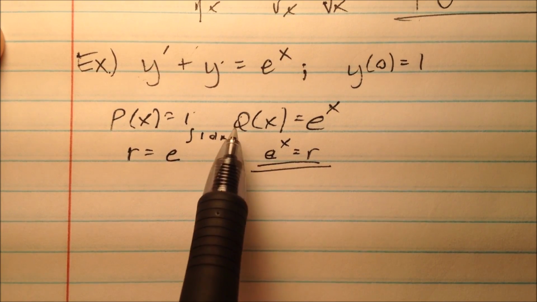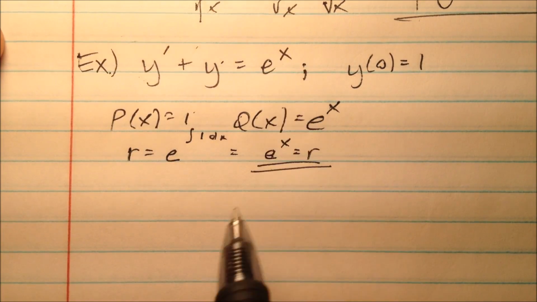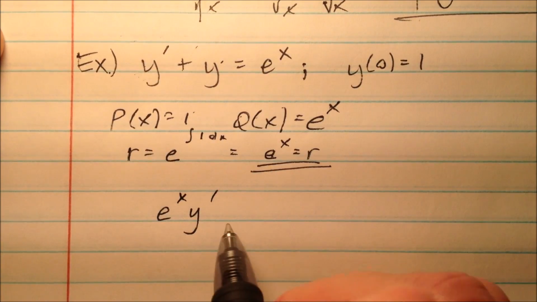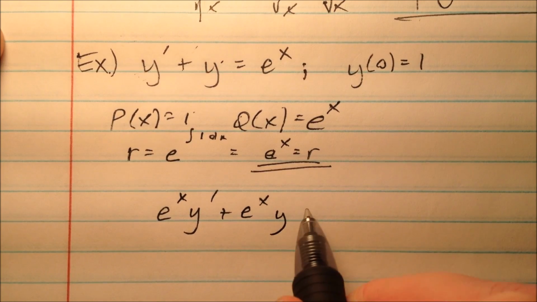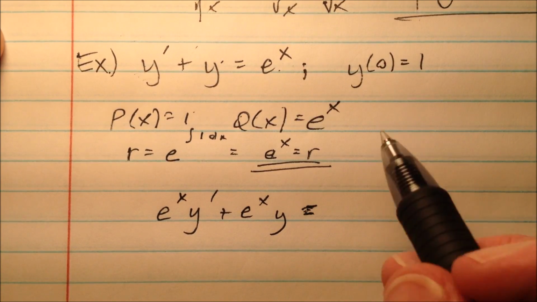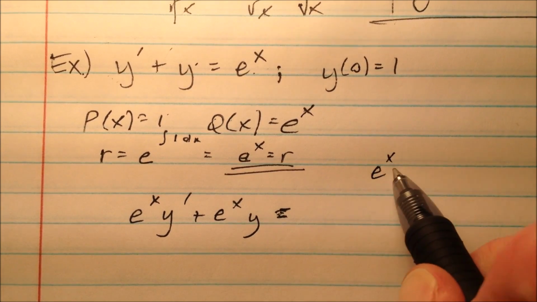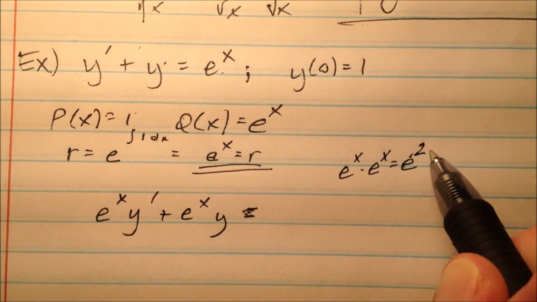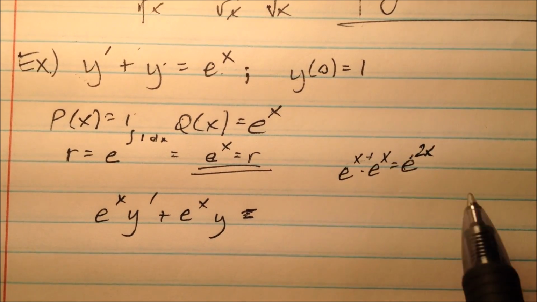So when I push an e to the x through every term here, I'm going to have e to the x y prime plus e to the x y equals, and be careful here, this is e to the x times e to the x. So if you remember from your properties of exponents, it'll be e to the 2x, because it's going to be x plus x.